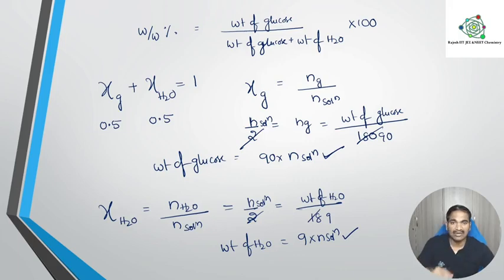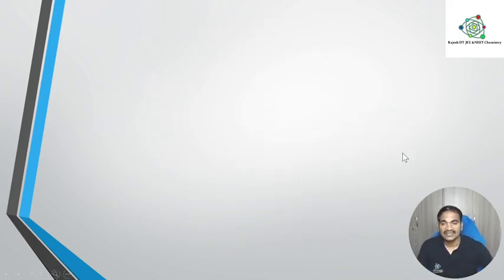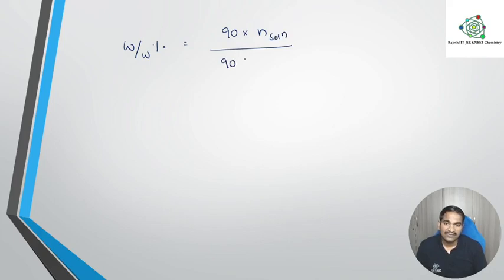This data I want to substitute in that formula. Weight percentage is equal to 90 into the number of moles of solution, divided by the weight of glucose plus the weight of water, taking the number of moles of solution common, into 100.